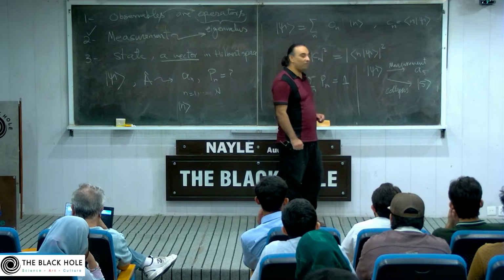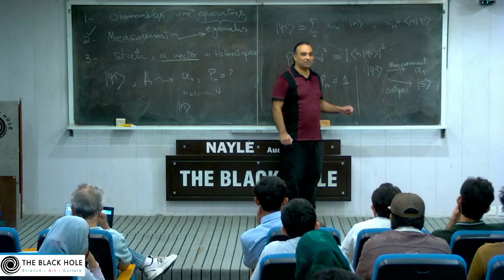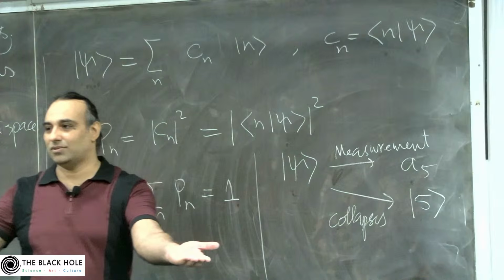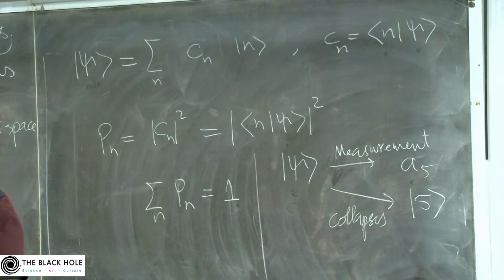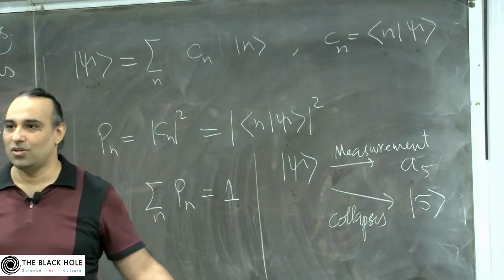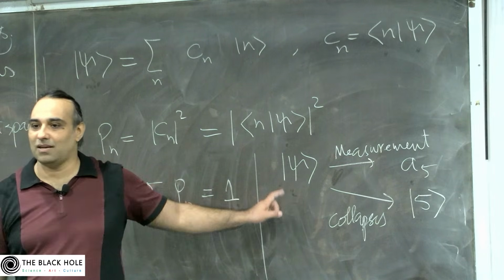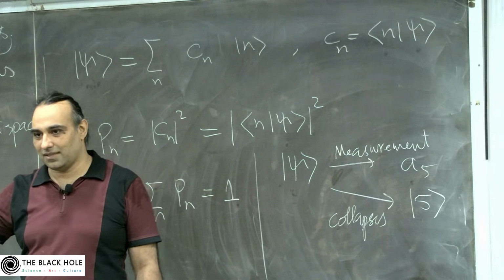Now suppose we have another, identical system prepared in the same state. You are given two isolated systems, not interacting with each other, just two copies of the system in the same state. The first system is in state psi, and the other system is also in state psi.